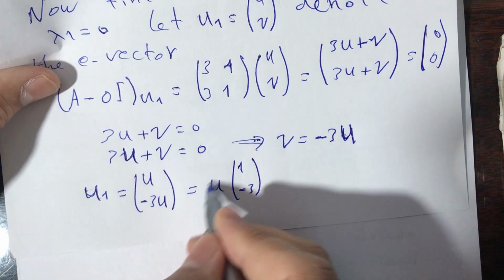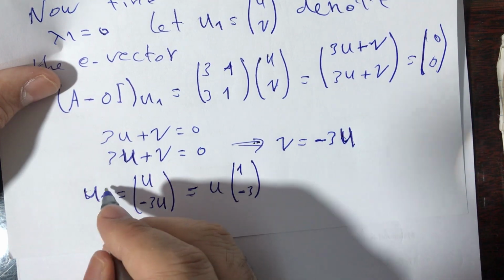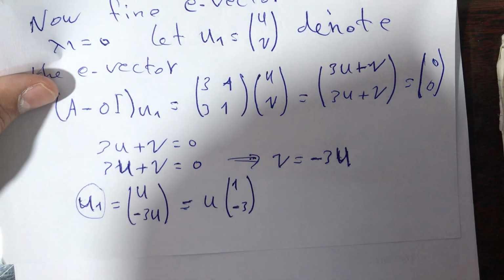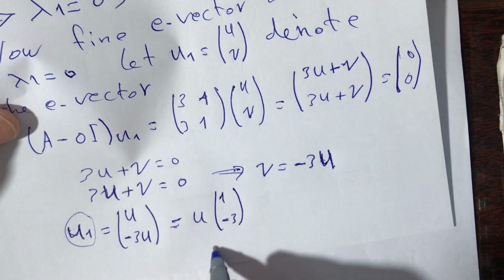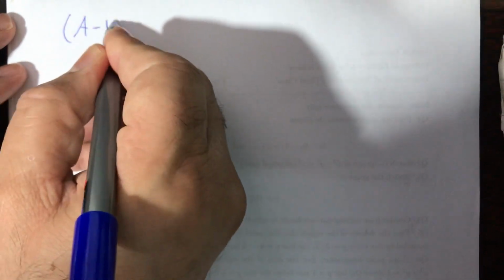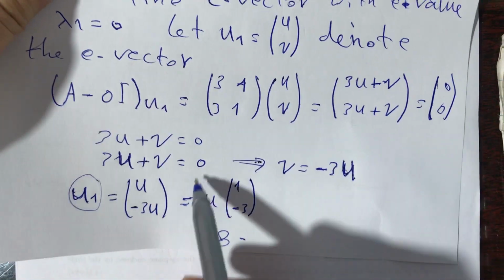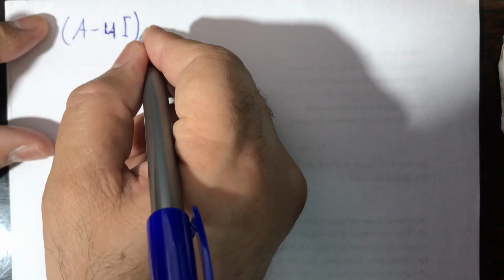We can take any point for u, so we get this eigenvector for 0. And this is page number 8. Here we have the vectors for 0, and now we find it for 4.